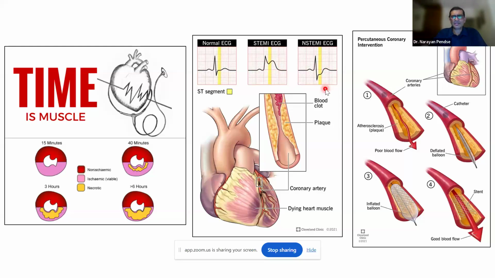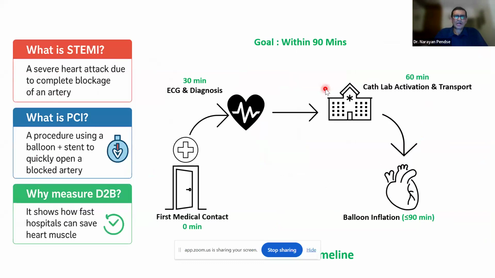Now, in case of ST elevated MI, the procedure which needs to be done to start the reperfusion of the artery is called PCI, percutaneous coronary intervention, because like I said, the catheter gets introduced from the femoral or radial artery, and it is used to open up the blocked artery very quickly.